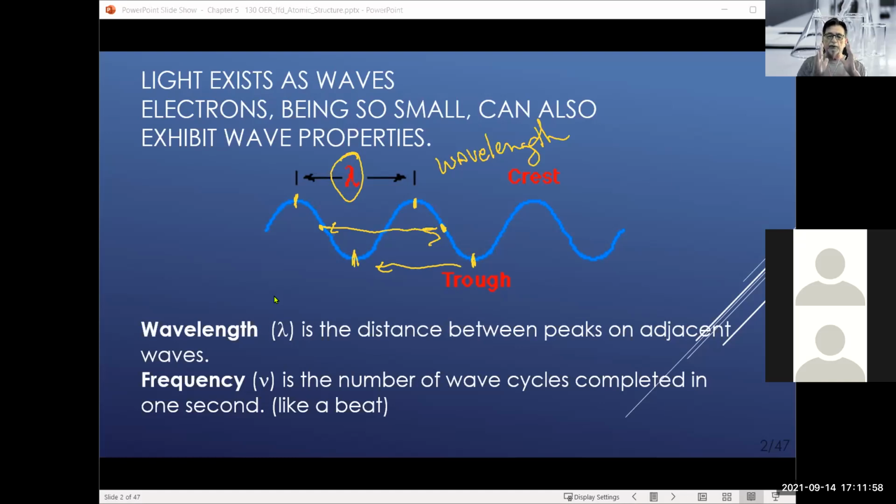So if you do something in 1 second, you get a frequency of one thing per second or 1 hertz. If I do 1 billion of these in 1 second, then I got 1 gigahertz. Okay, hertz is the unit for frequency. So the frequency is the number of wave cycles that are completed in a second.